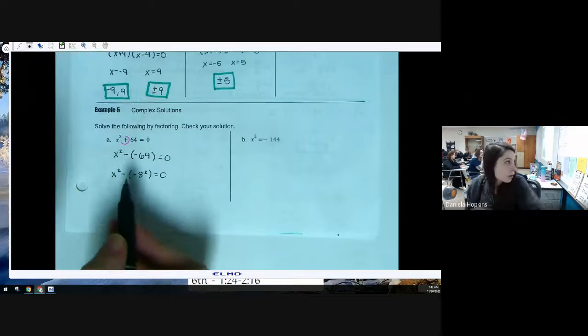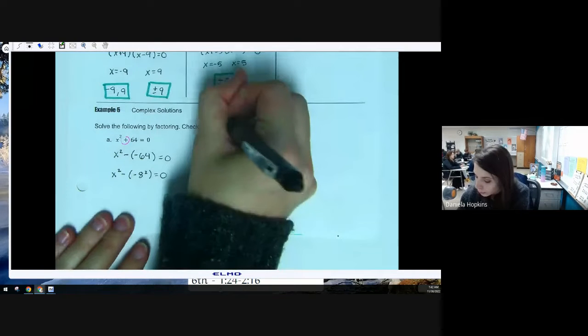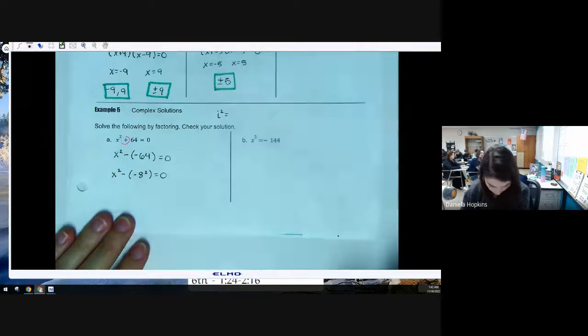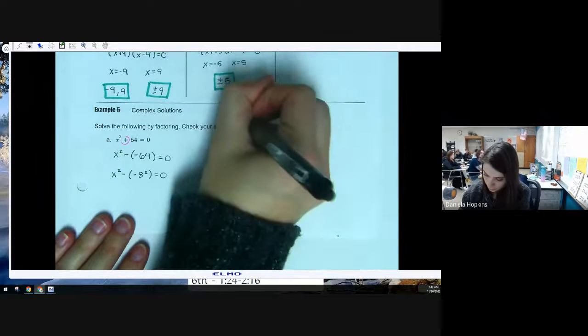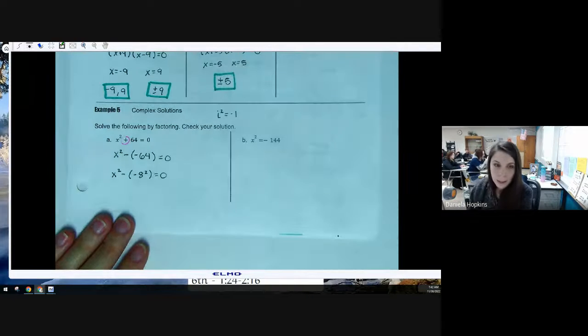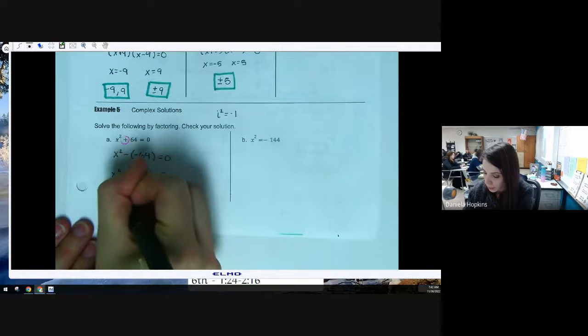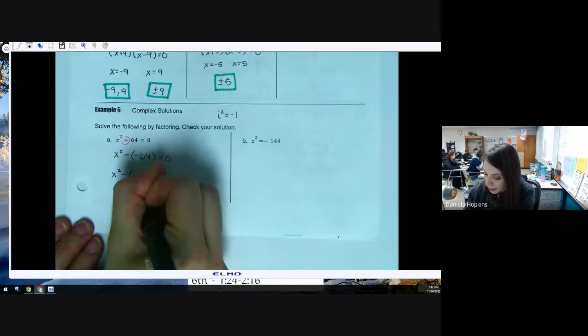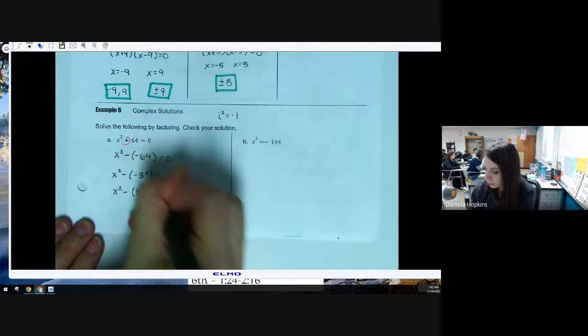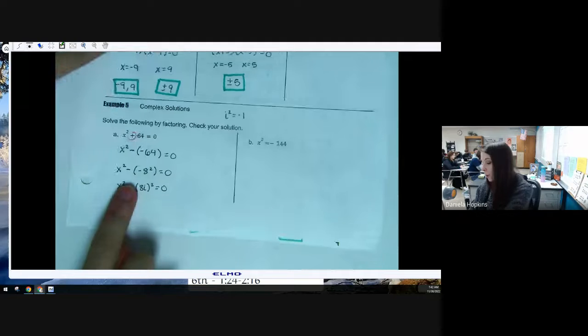Well, let's recall, and I've erased them now, but i squared is equal to what? i squared is equal to negative 1, right? So if instead of writing it this way, I wrote x squared minus 8i all squared, that's a difference of squares.